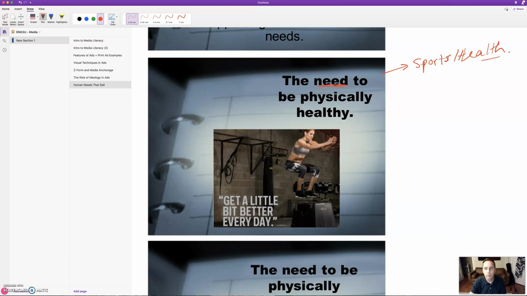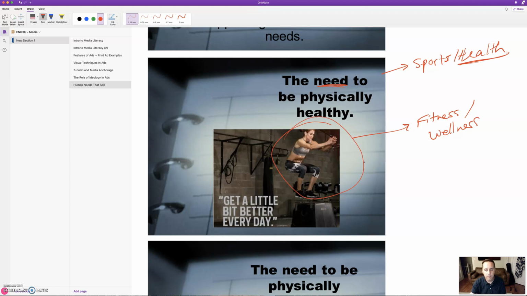So there's the health dimension, and we see the lady at the gym exercising, and it says "get a little bit better every day." So for sure fitness, wellness, because it talks about being healthy.